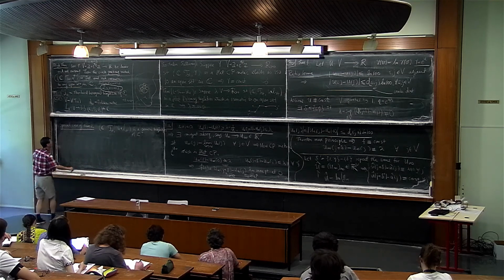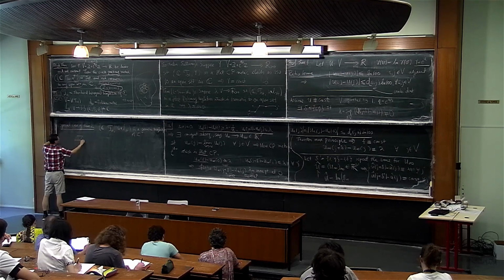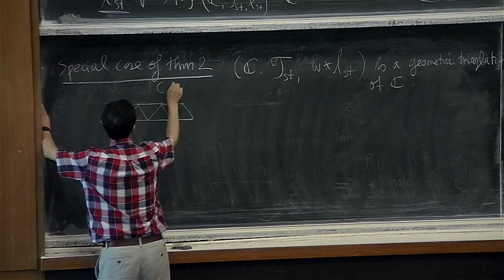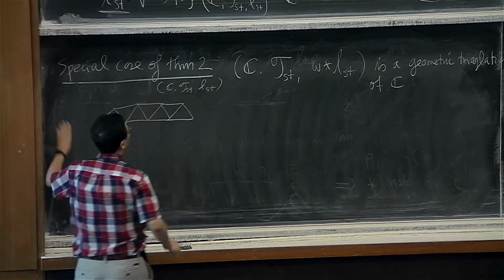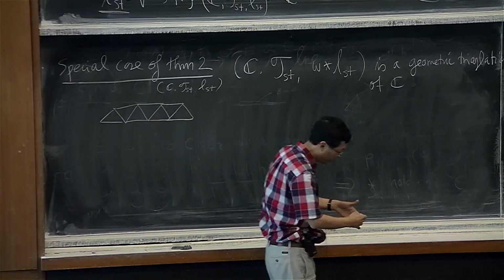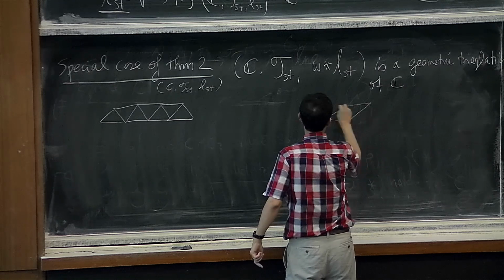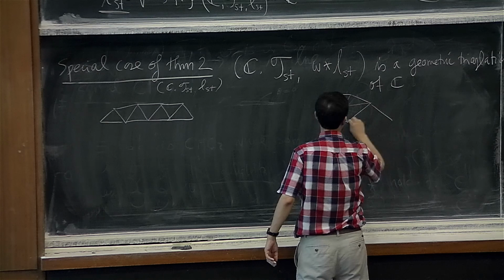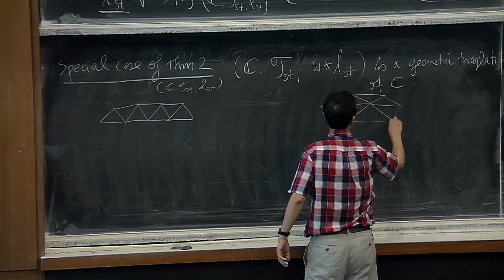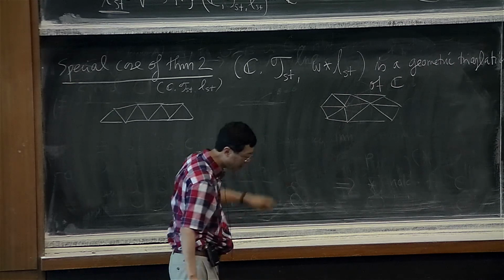So what's going on now? Here we have the standard regular triangulation, and here I have a geometric triangulation of the complex plane. Every point in the plane appears here.